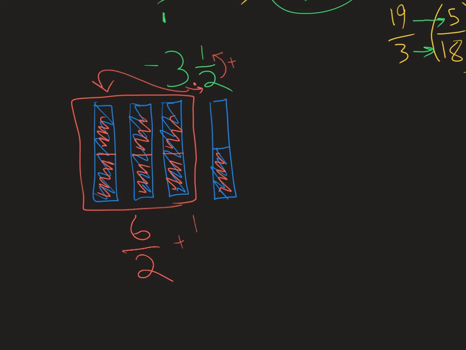Okay, so there's that extra half. 7 halves. And that's how that came out. So 3 times 2. The 3 times the 2 makes 6. Add on the 1 to make the 7, and then rewrite it as 7 halves.